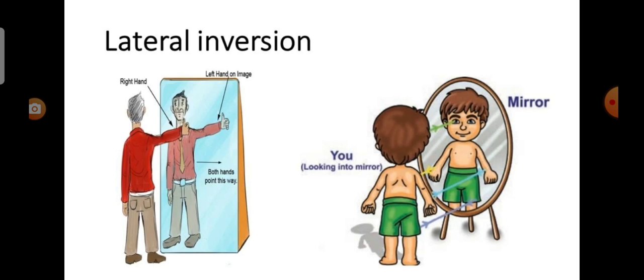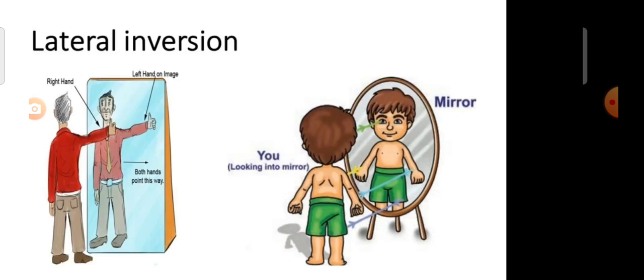The arrow from the left hand goes to the left side of the mirror, and the arrow from the right hand goes to the right side of the mirror. Here you can see that there is no switching. It is an optical illusion. Thus, the apparent lateral inversion we observe is not caused by the mirror, but is the result of our perception.